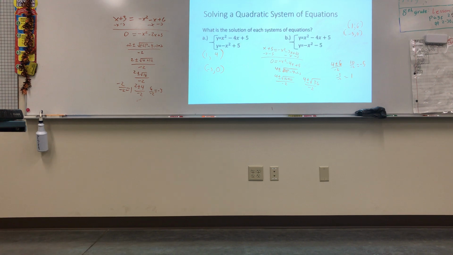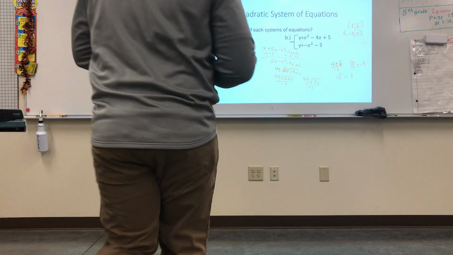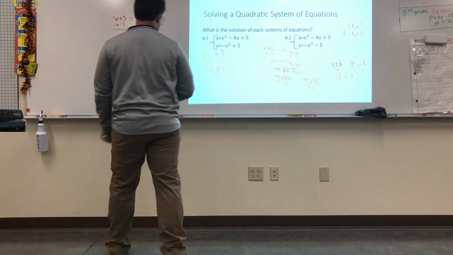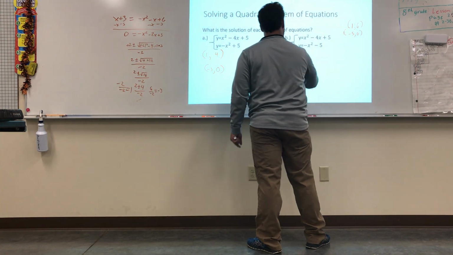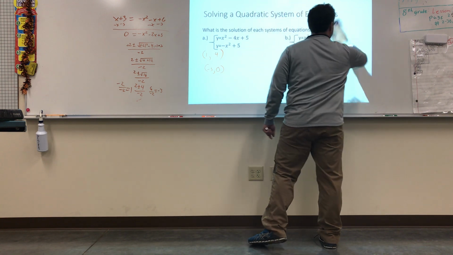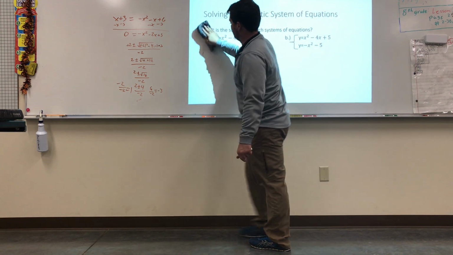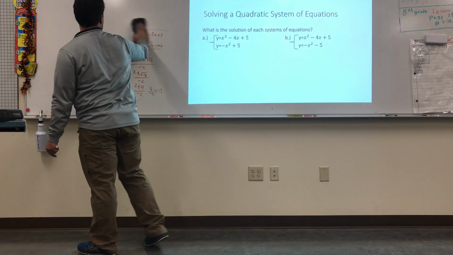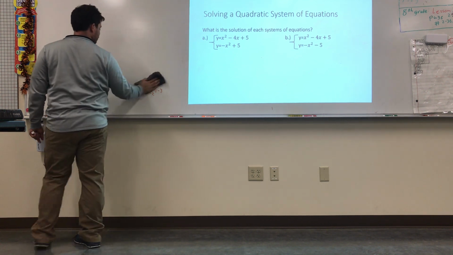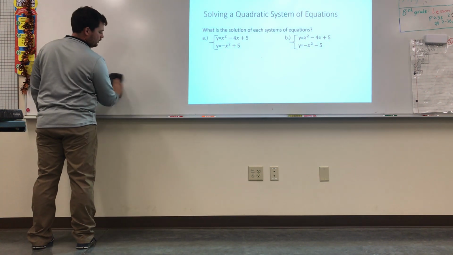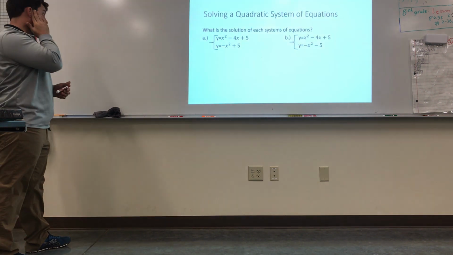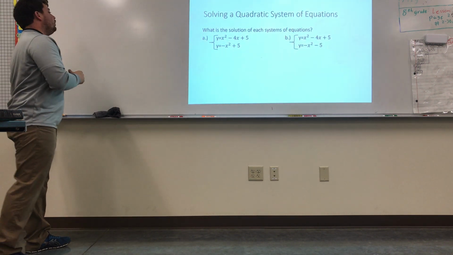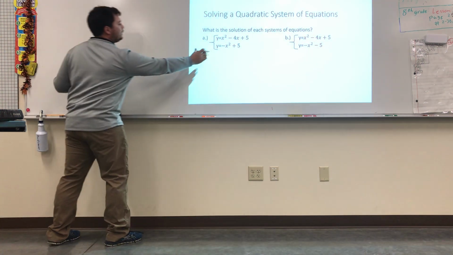Okay, we're going to do the same thing, only this time we're going to have a quadratic system in both of them. Okay, so we can sub this in for y.